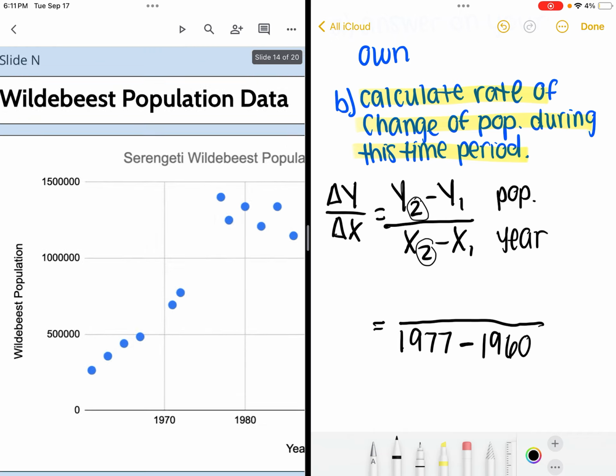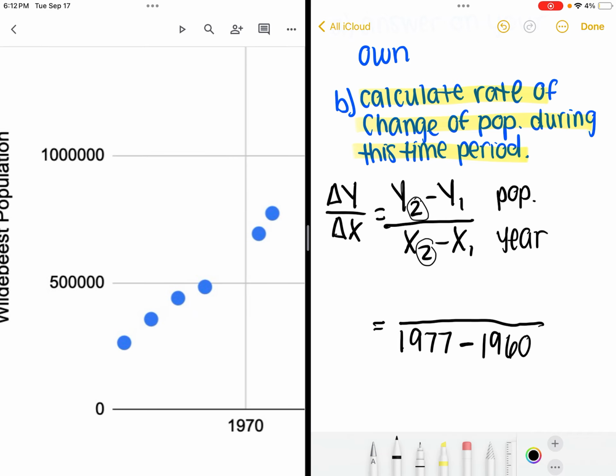So the first data point, if we take a guesstimate, I'm going to say that's about 250,000. So 1960, since it is together, this is the x coordinate and this is the y.